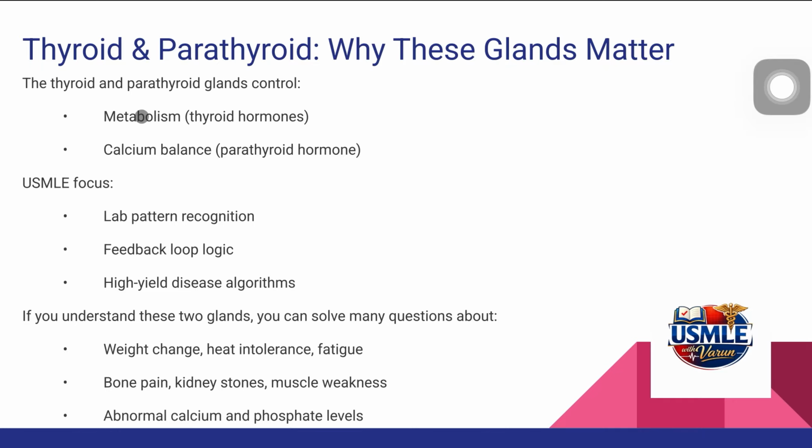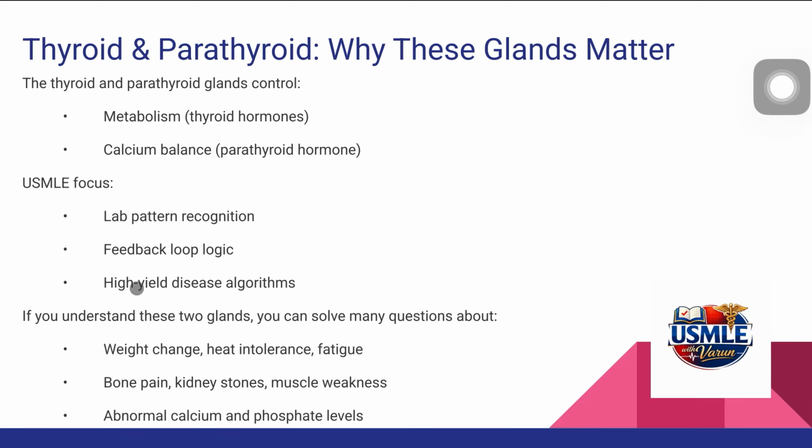So in this video, we'll cover the thyroid and parathyroid glands, how they control metabolism and calcium balance, the two critical things in our body. The USMLE focuses on lab pattern recognition, feedback loops, and disease algorithms of the most important diseases like Graves, Hashimoto, hyperparathyroidism, hypothyroidism.